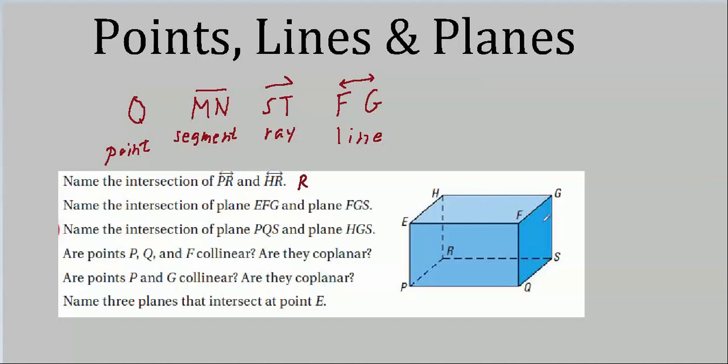FGS, well, that's the right side of the box. What's the intersection? Remember, these are planes. We draw them finitely, but since they are planes, they intersect at a line that takes off to infinity in both directions, because the planes do as well, even though we can't draw it that way.